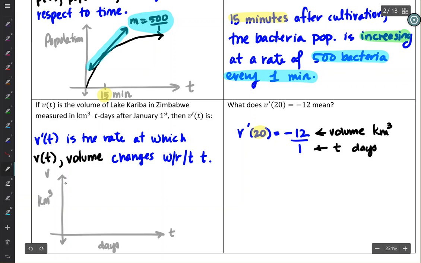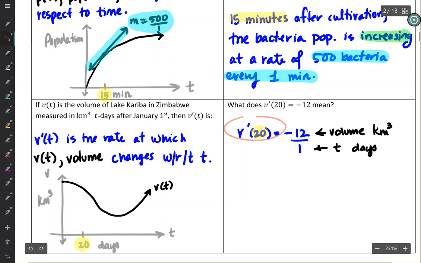Say on January 1st, the volume is way up here, and then it's starting to go down, and then coming back up. 20 days after January 1st, the slope of the tangent line to the V function is minus 12 over 1. It's down 12 to the right 1. The slope is minus 12 over 1.